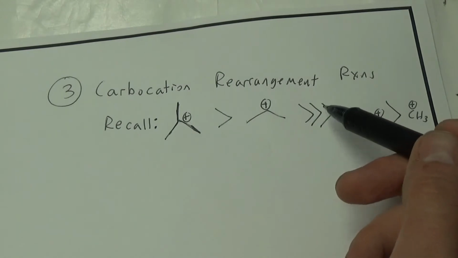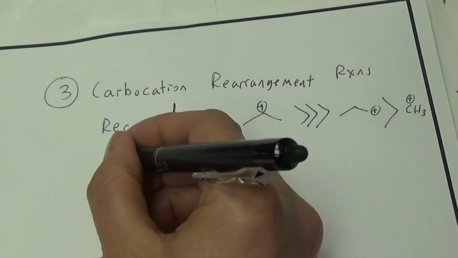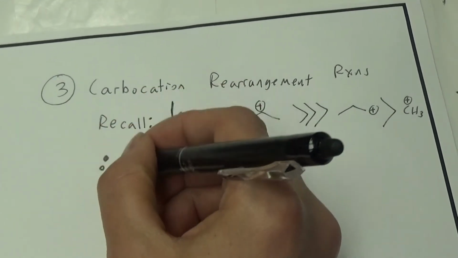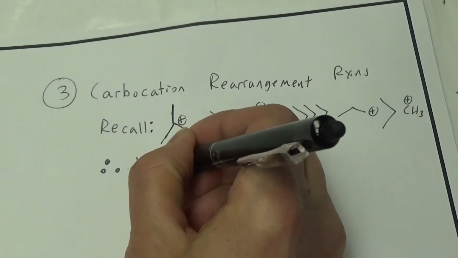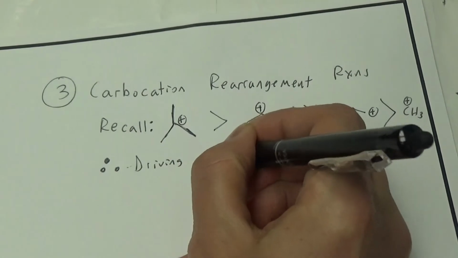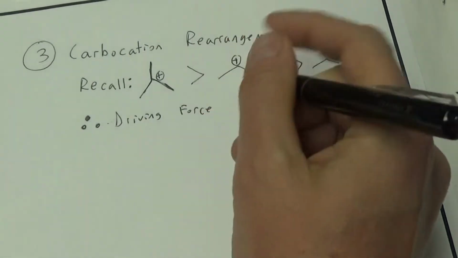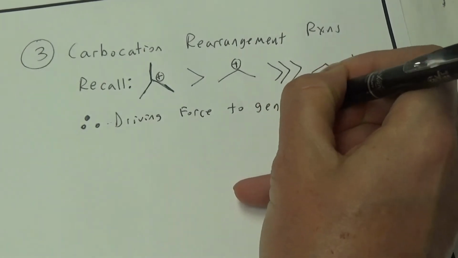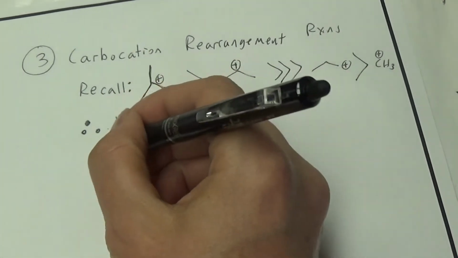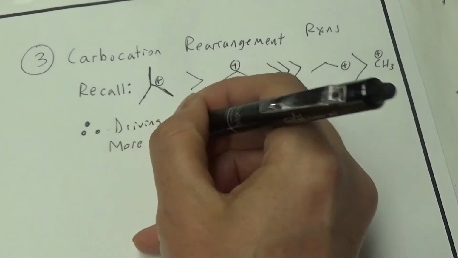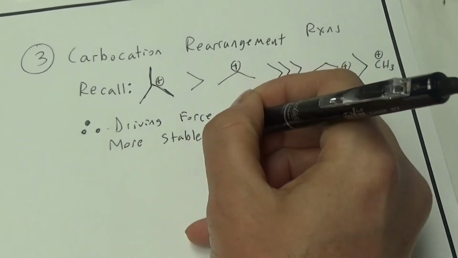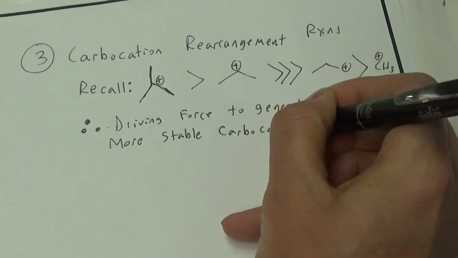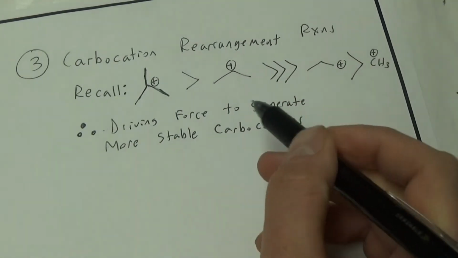So, putting this all together, there's a thermodynamic driving force to generate more stable carbocations.